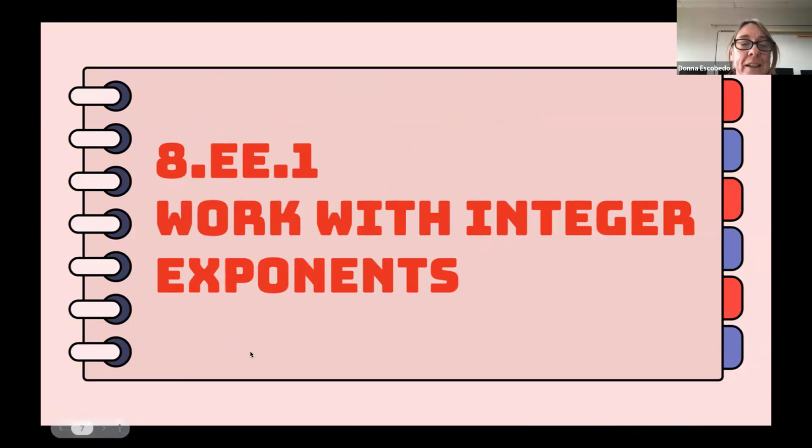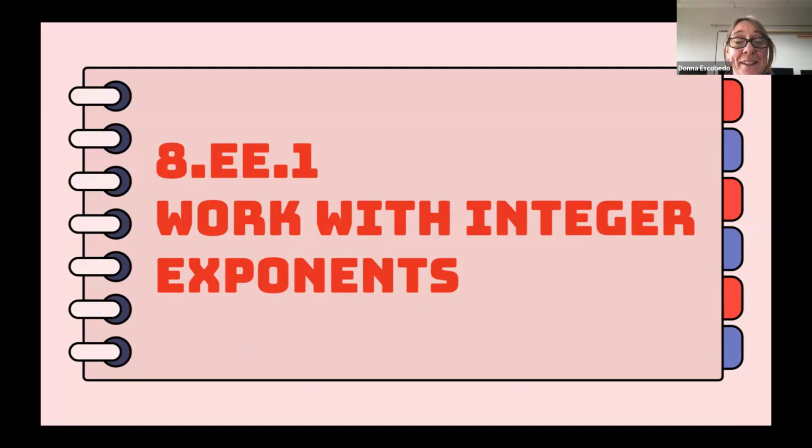If you look in the blue book or any of the CCR standards, the whole thing will tell you: know and apply the properties of integer exponents to generate equivalent numerical expressions. So that's how the standard reads. Not being formally trained as a math teacher, but formally trained as an ABE teacher, how am I going to bring this all together?